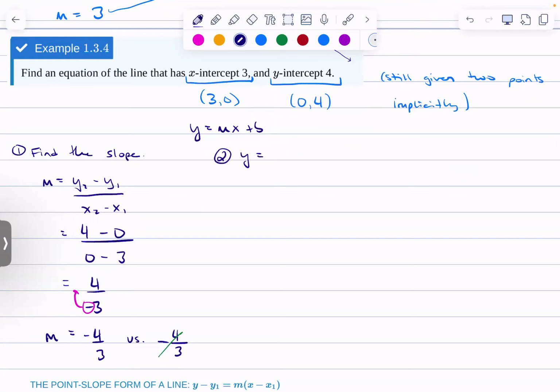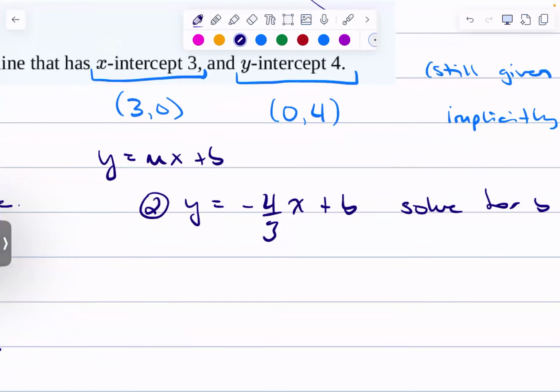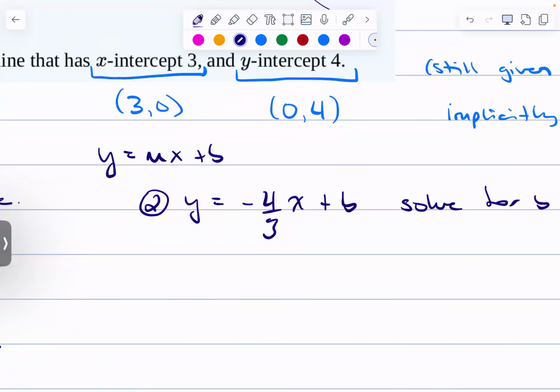Then y equals negative 4 over 3x plus b. Solve for b. If you had a choice here, just find 2 points on this line.